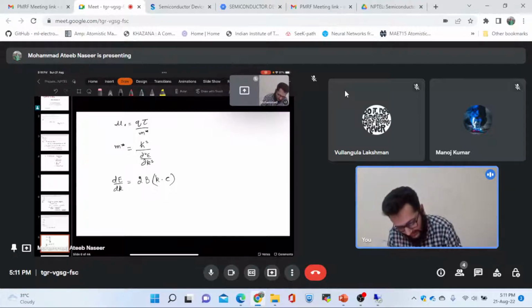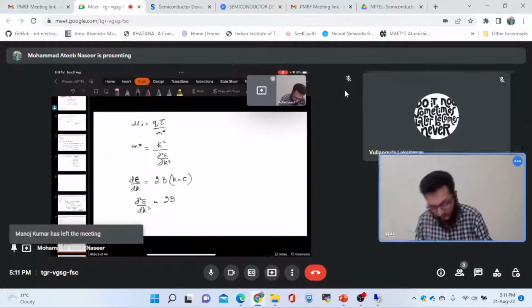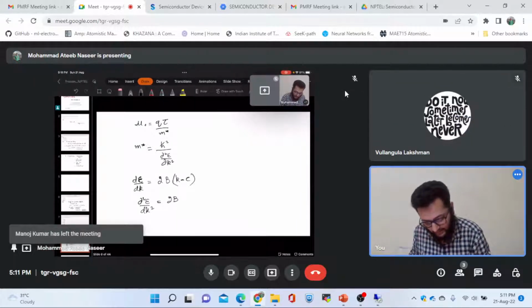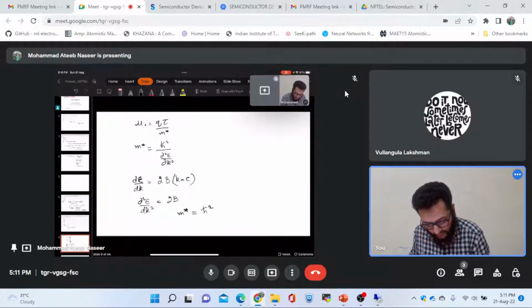Now we differentiate again with respect to k, and we get 2b. So m star will simply be equal to h bar squared by 2b.